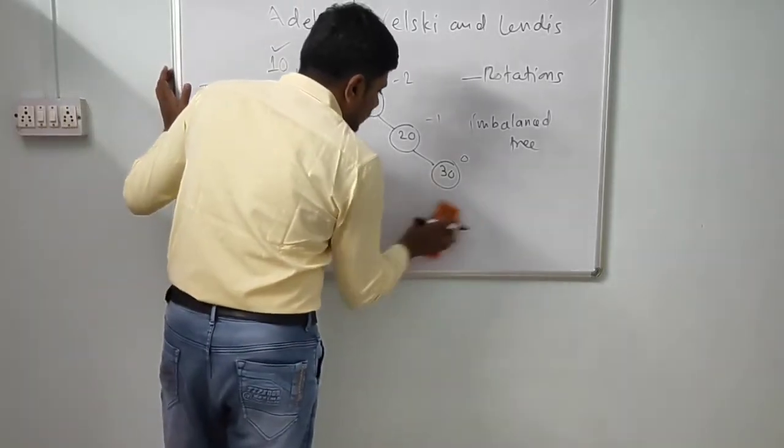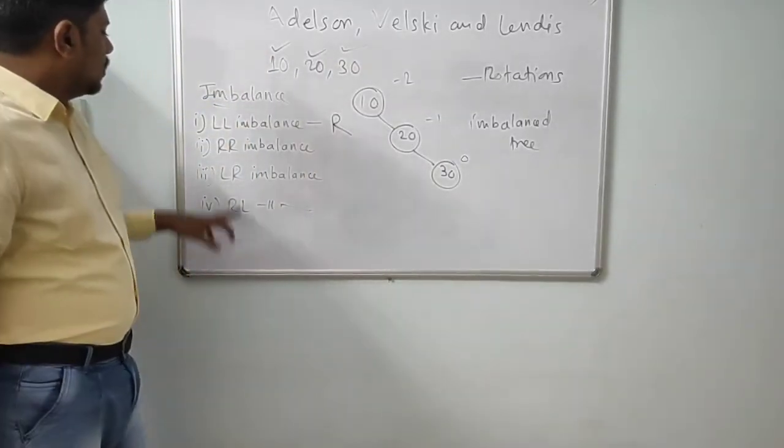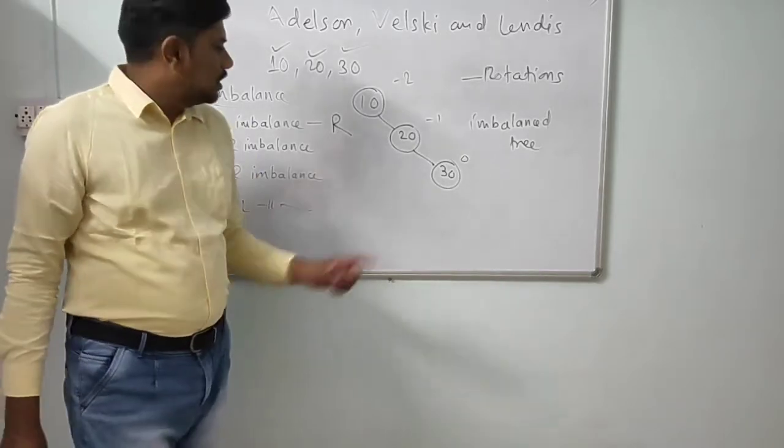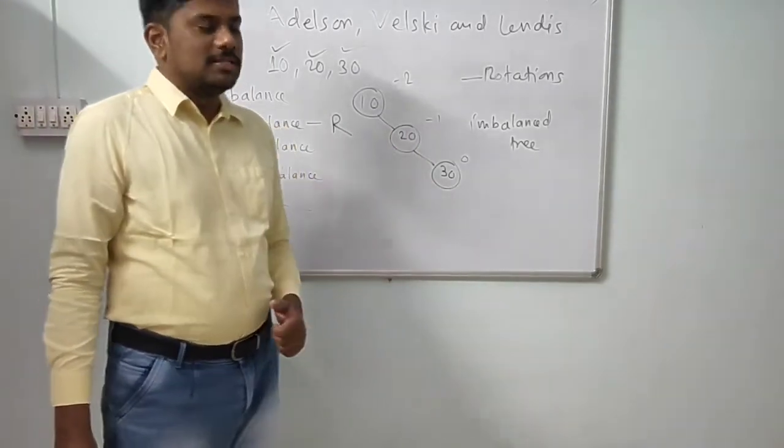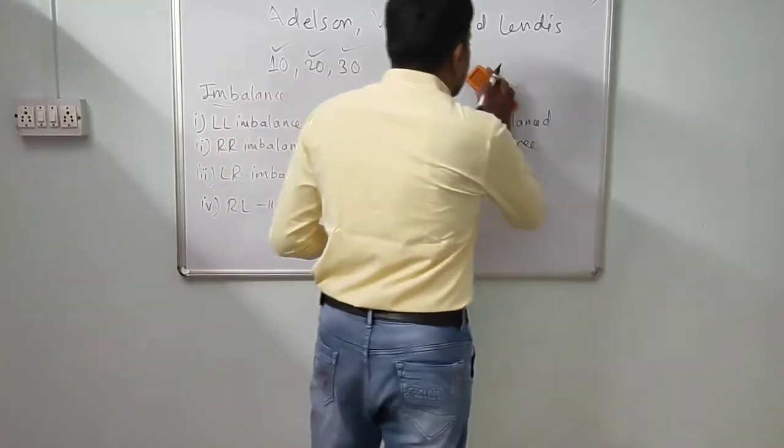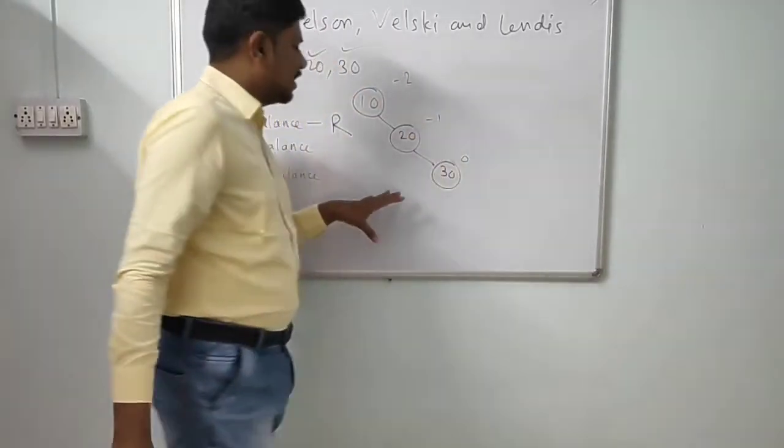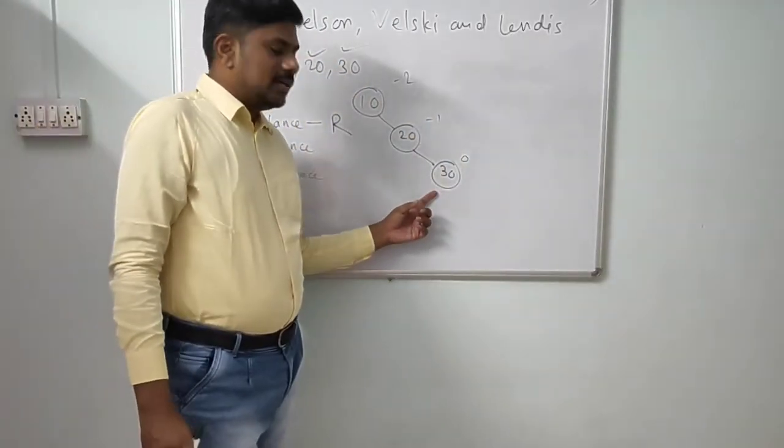Now what is the next thing? Now see what RR imbalance is. Here we got RR imbalance. This is an imbalanced tree. Recently we have inserted 30.